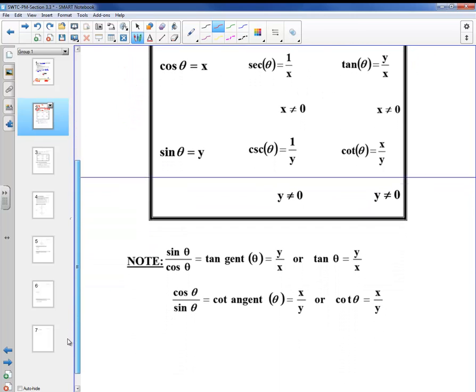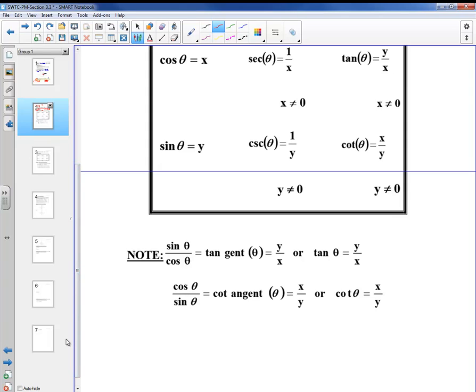Something else that is kind of interesting: when we look at those rational functions, we know that sine of theta over cosine of theta equals tangent. If we had that tangent of theta equals 1/2, now we can say that sine of theta equals 1 and cosine of theta equals 2.